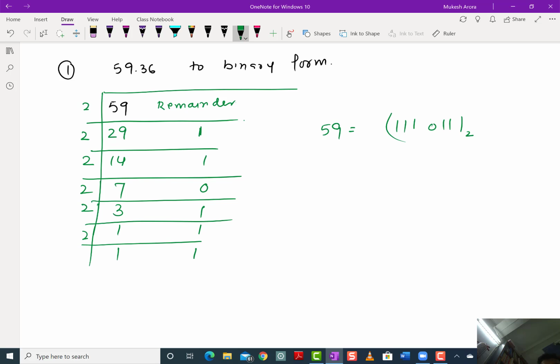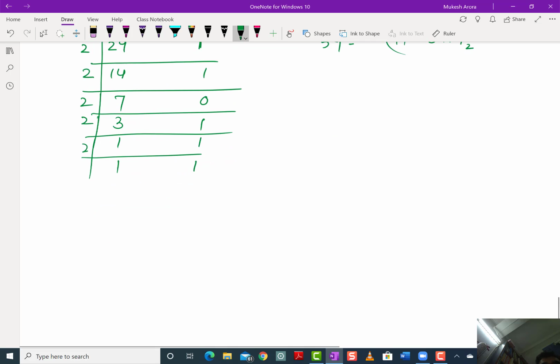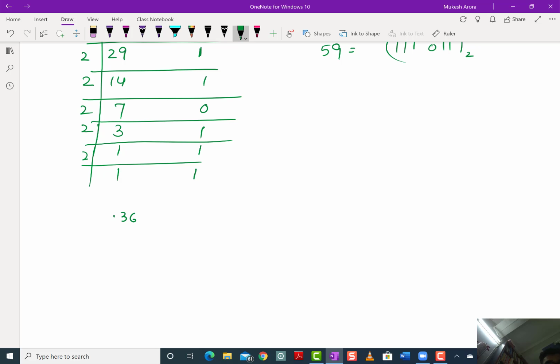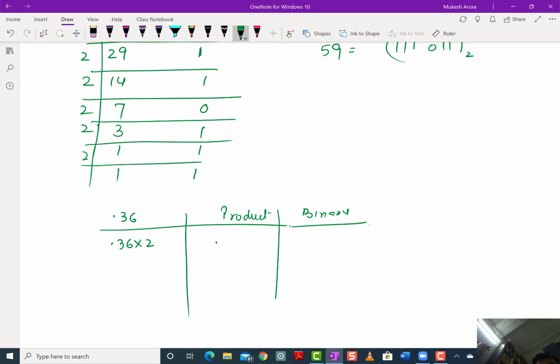So now we have to convert 0.36 decimal: 0.36 into 2, then product and binary. We'll multiply this by 2, it will be 0.72, binary is 0. 0.72 into 2 will be 1.44, again binary is 1.